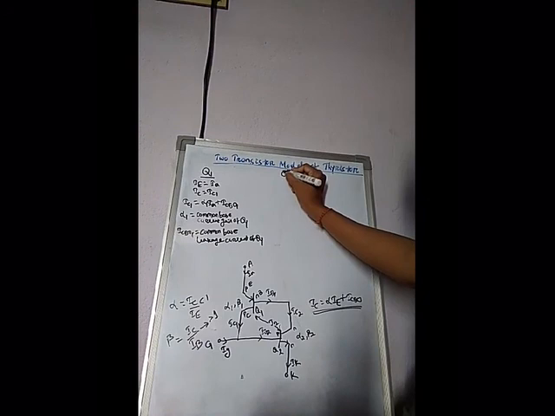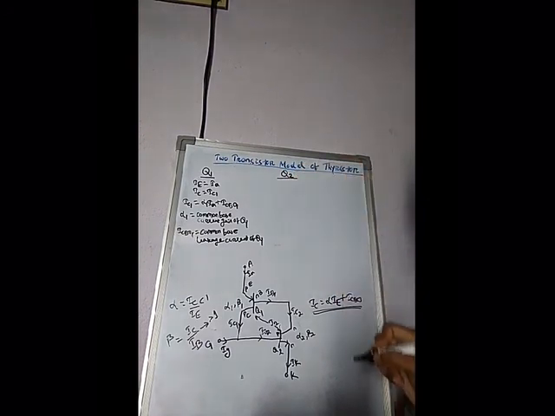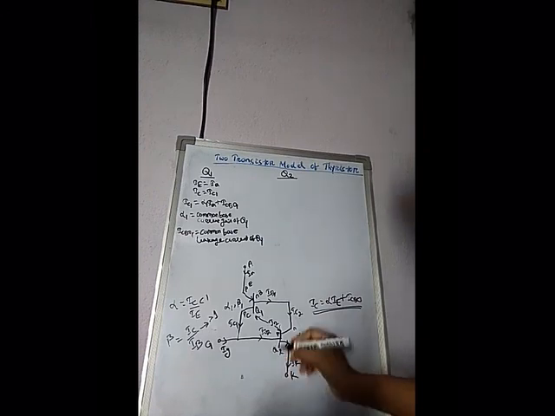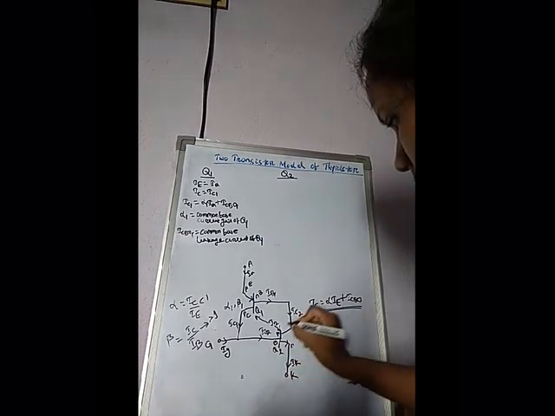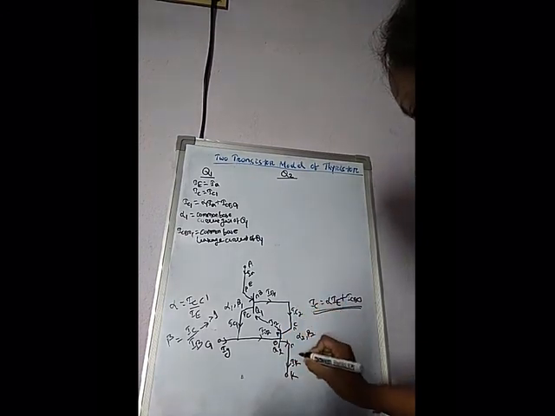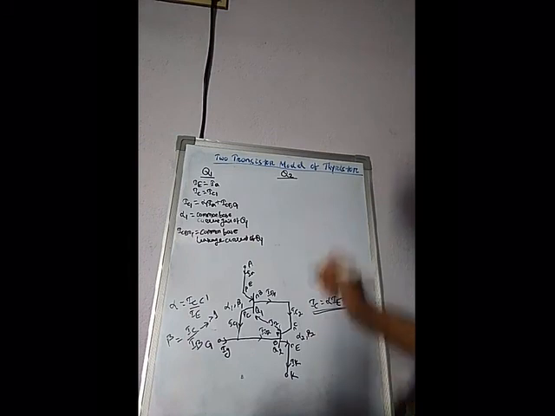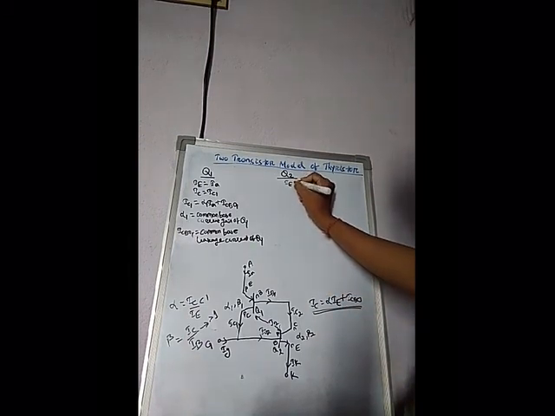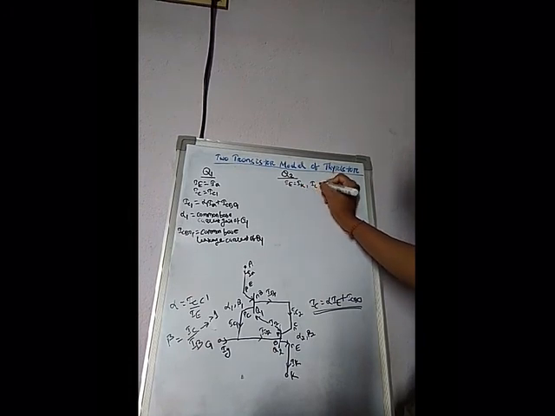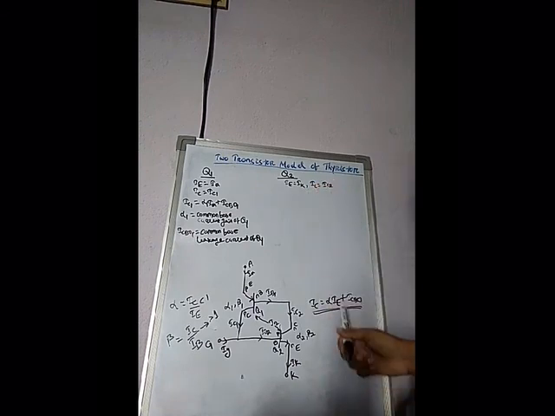Again, for transistor Q2, this is the transistor Q2. Here this is the base, this is collector, and this is emitter. For transistor Q2, emitter current IE is equal to IK. Collector current IC is equal to IC2. So again here we will represent the IC equation.